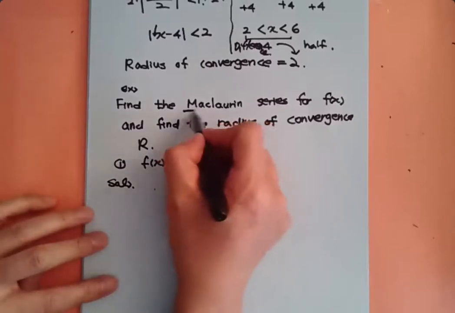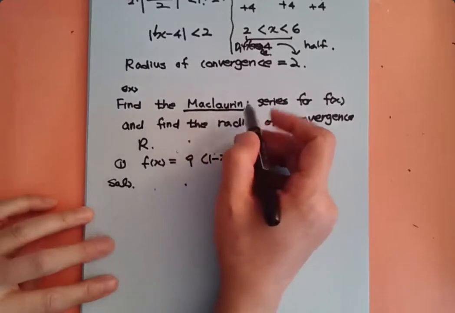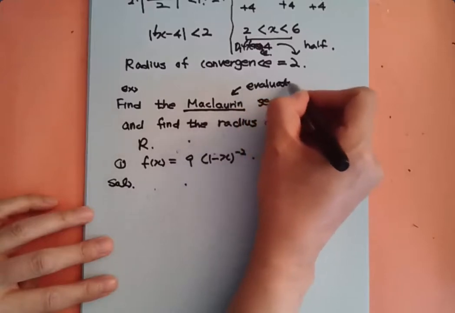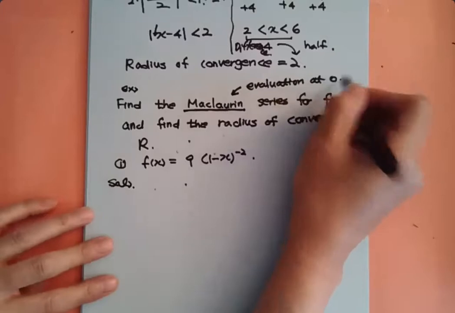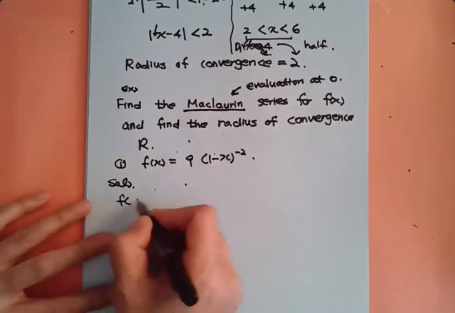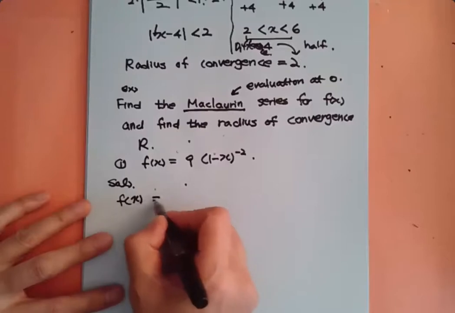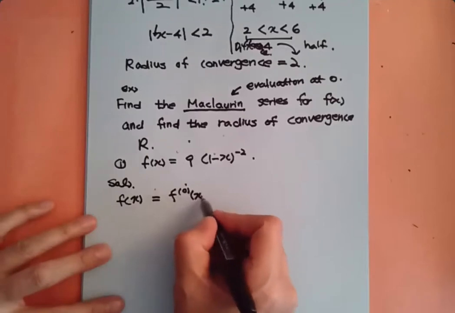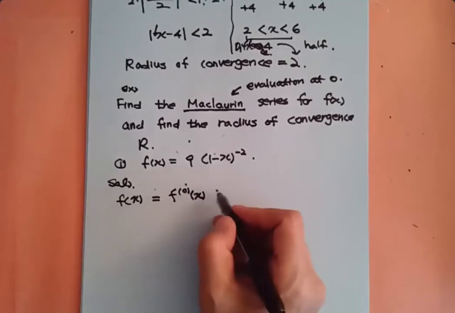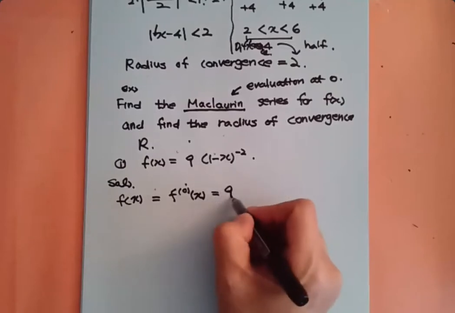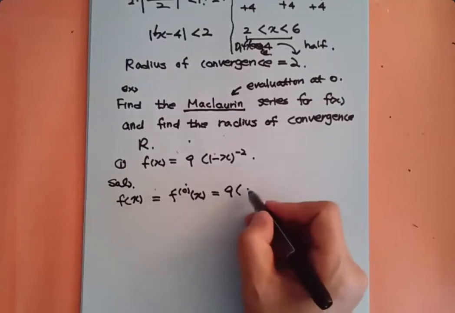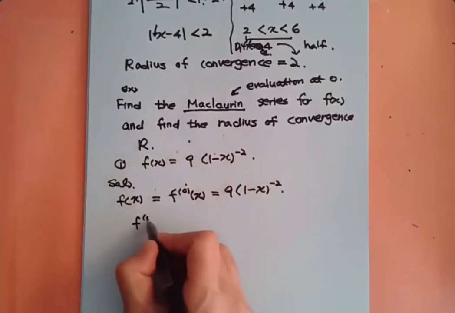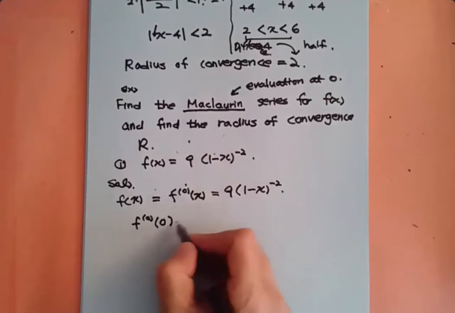We think about the Maclaurin series, and so we think about the evaluation at 0. So f of x is f, we didn't differentiate anything, so we can evaluate at 0. The given function is 9 times 1 minus x to the negative 2 power. So the zeroth derivative at 0 is 9.